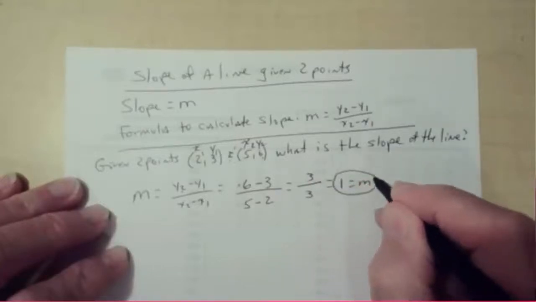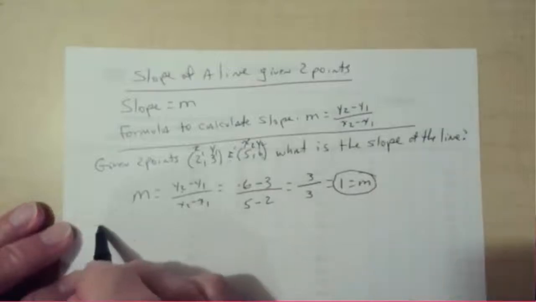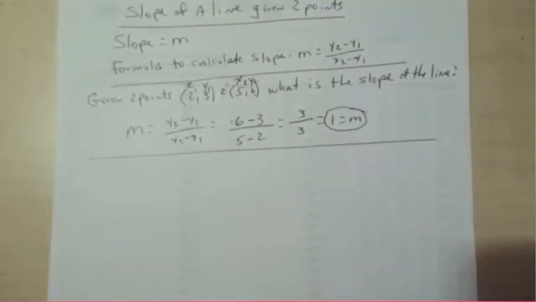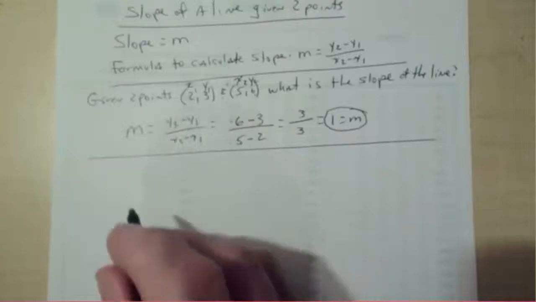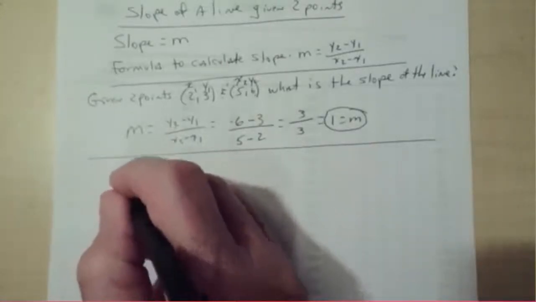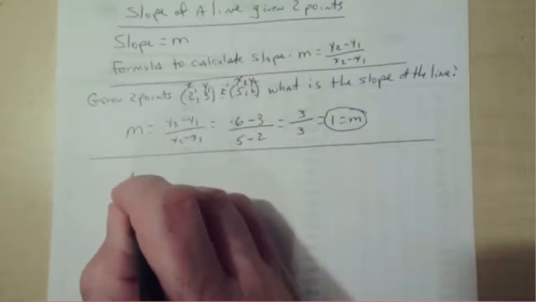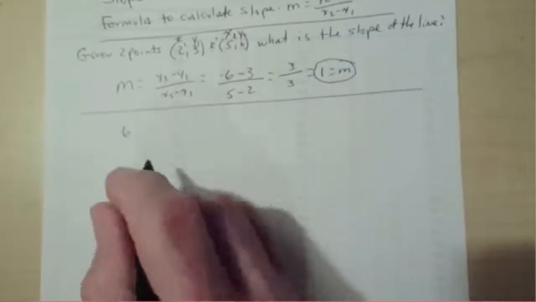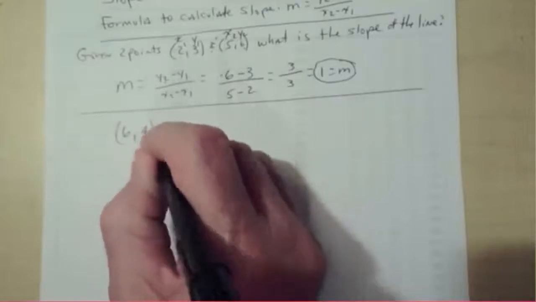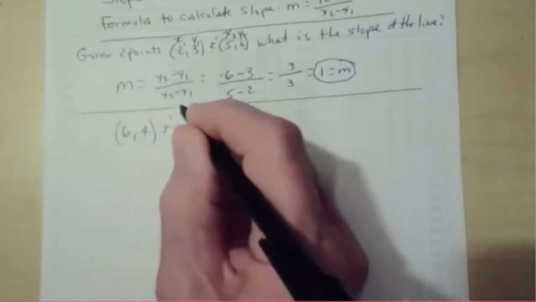Okay, these are really very simple. Let me do another one like this. If it passes through these 2 points, (6, 4) and (8, 10).